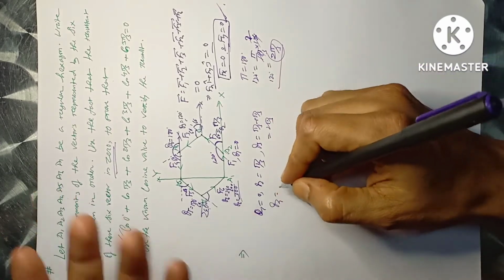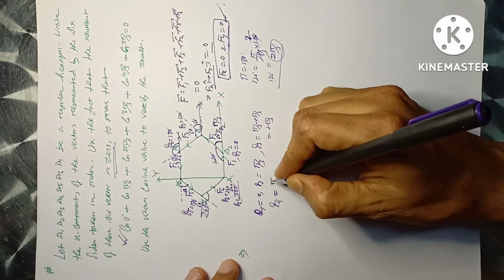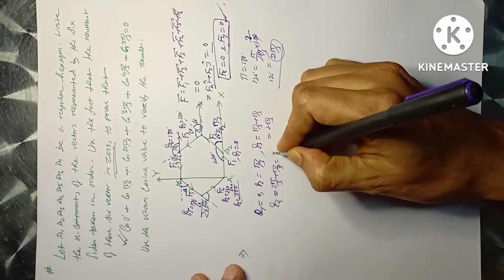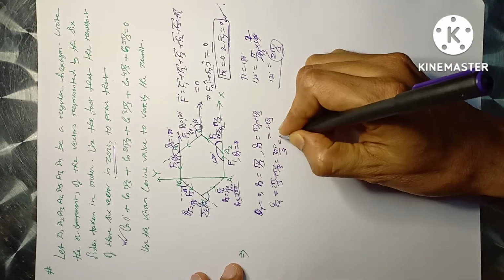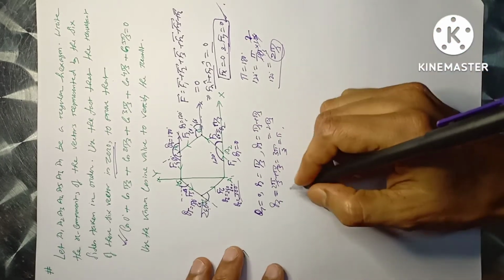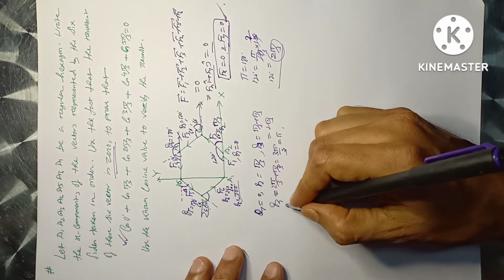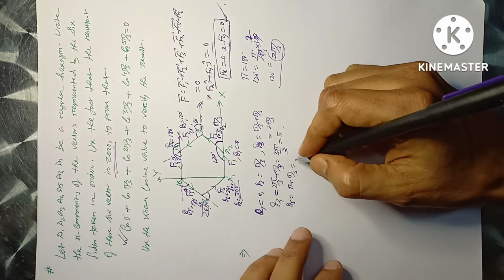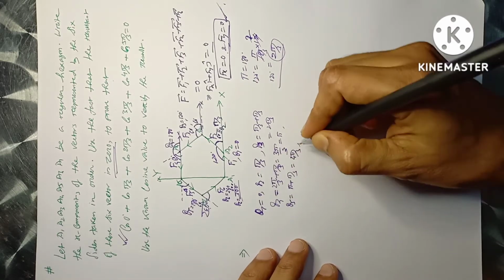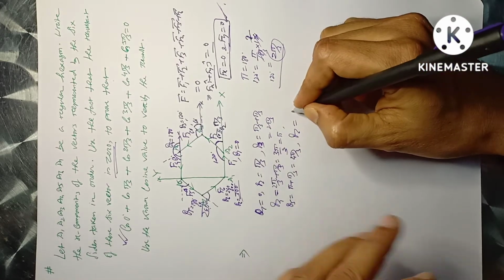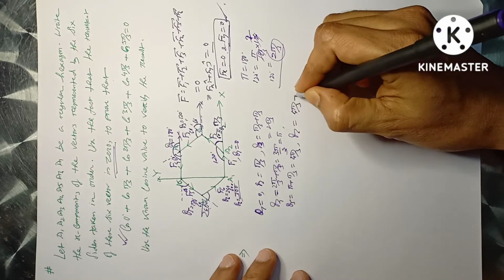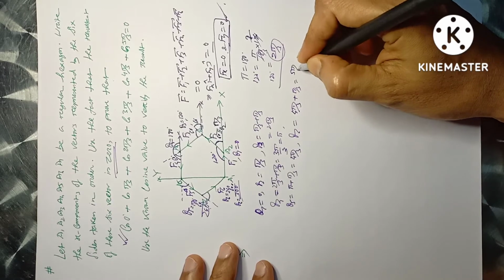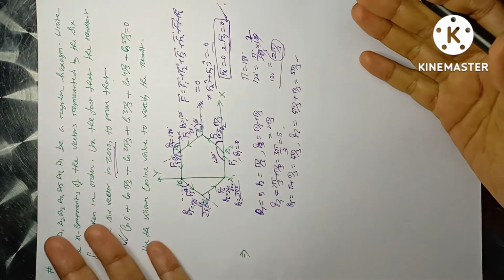Theta 4, another 60 degrees, will be 2 pi by 3 plus pi by 3, equal to 3 pi divided by 3, equal to pi. Theta 5 equals pi plus pi by 3, equal to 4 pi by 3, and theta 6 equals 4 pi by 3 plus pi by 3, equal to 5 pi divided by 3. So we get all the angles.